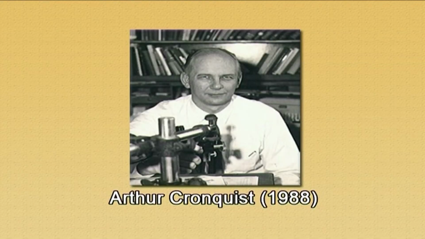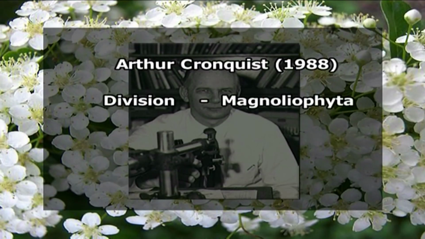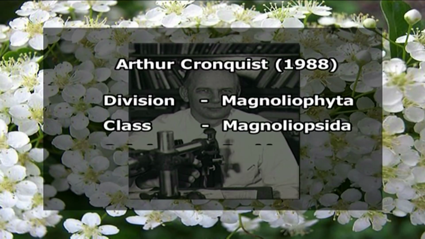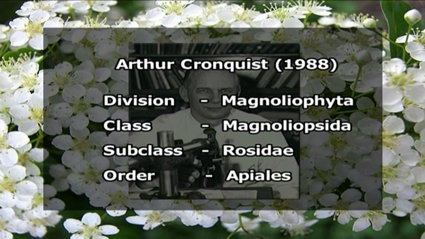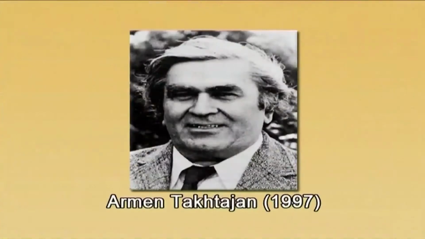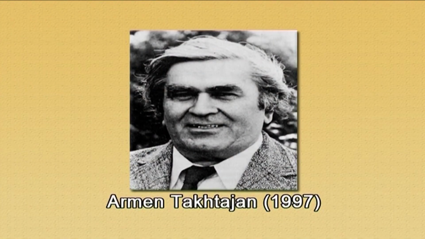Arthur Cronquist, an American taxonomist, gave a classification under which the family Apiaceae has been given the division Magnoliophyta, class Magnoliopsida, subclass Rosidae, and the order Apiales. Then Armand Takhtajan, a Russian taxonomist, gave an evolutionary classification.